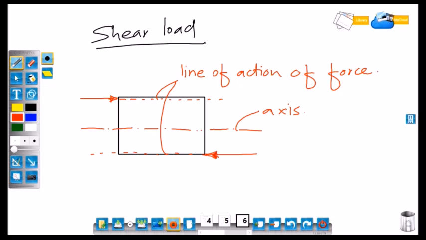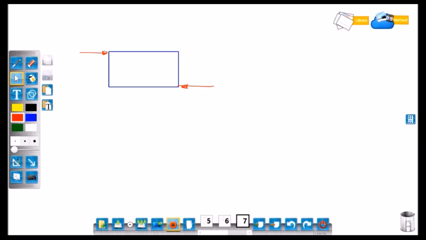So the line of action and axis do not coincide with each other. These are tangential forces.